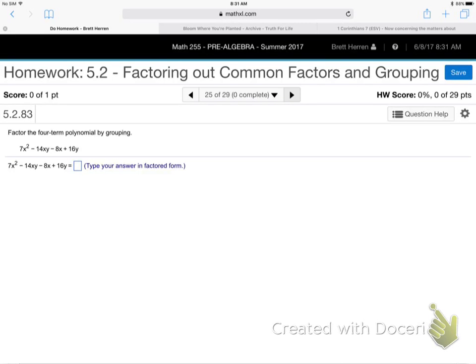All right, so 7x squared minus 14xy minus 8x plus 16y.